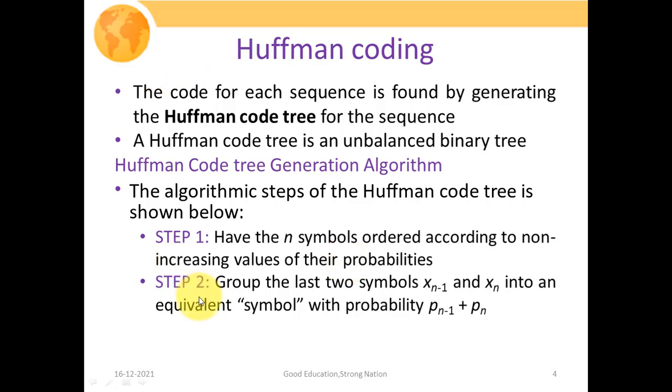So in step 2, we have to group the last two symbols, that is the last two terms in that particular order. We have to group them together and form an equivalent symbol with the probability equal to p of n minus 1 plus p of n. That is, we need to add up the probabilities of those two symbols, or you could say those two sub symbols, and form an equivalent symbol.